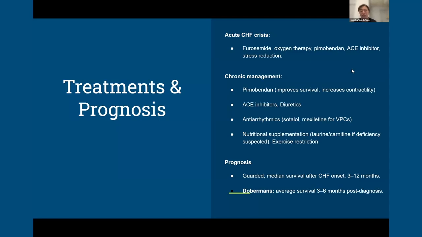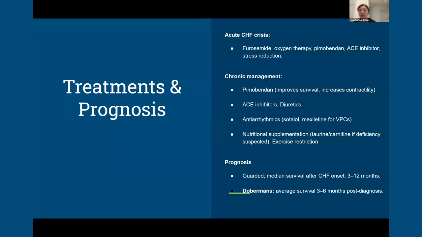And then the ACE inhibitor and diuretics are very important to help prevent volume overload, as well as to decrease pulmonary edema and ascites, and then to control the arrhythmias.